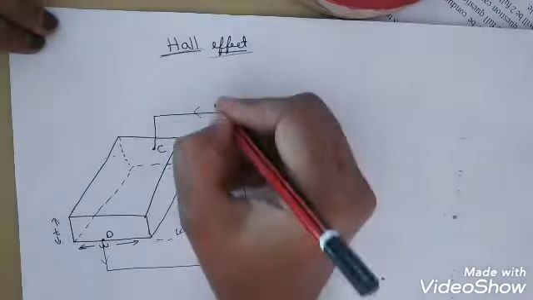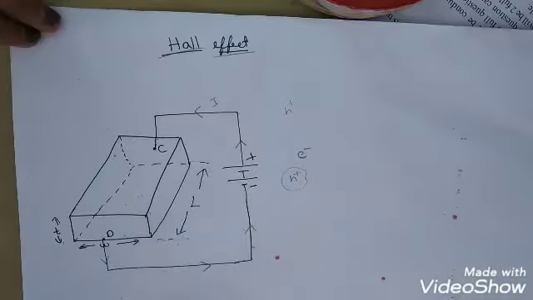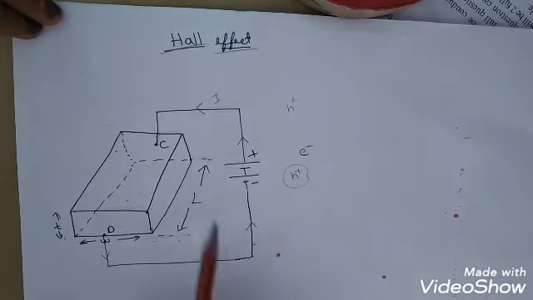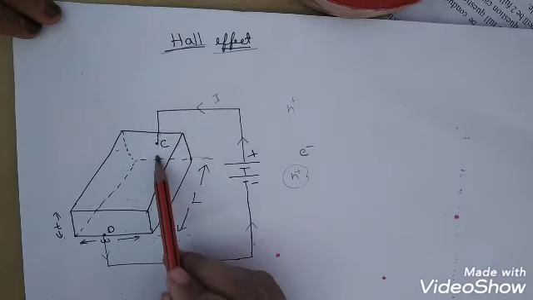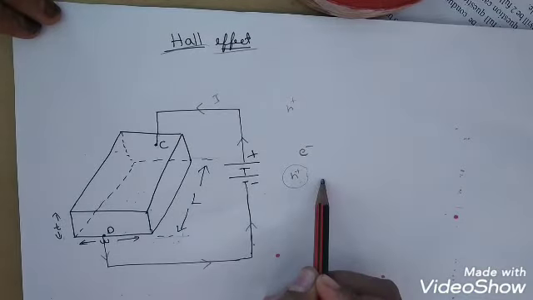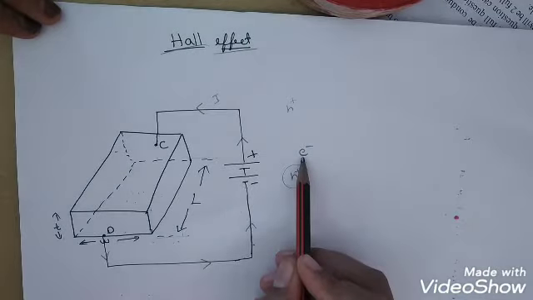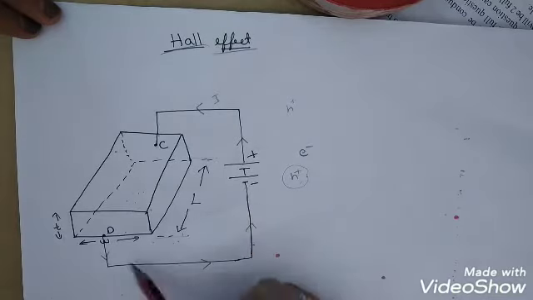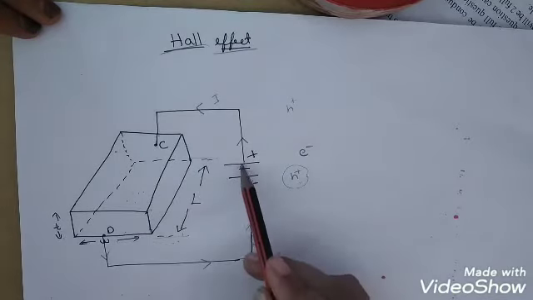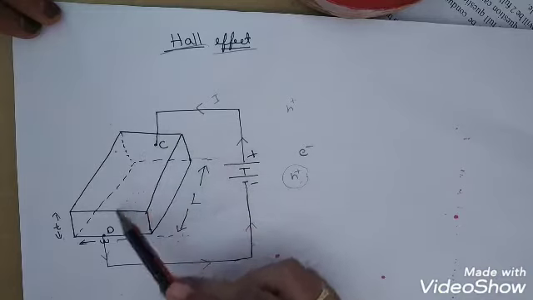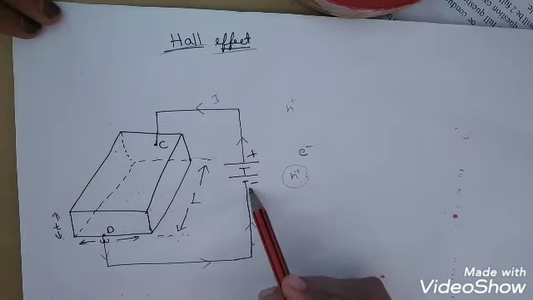This is the direction of the current flowing in the semiconductor material. Current flowing means the movement of holes. The movement of electrons is always from the opposite direction. The holes will always move from the positive terminal and get attracted towards the negative terminal. We know that.